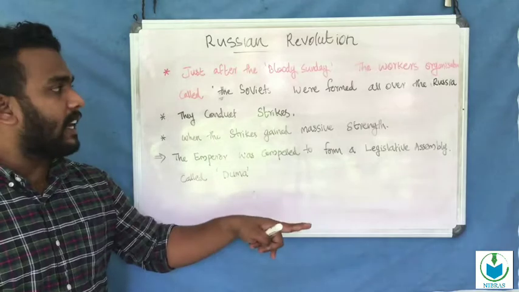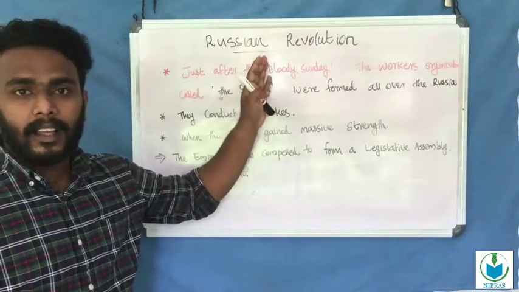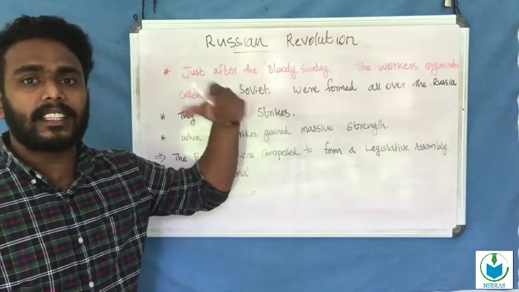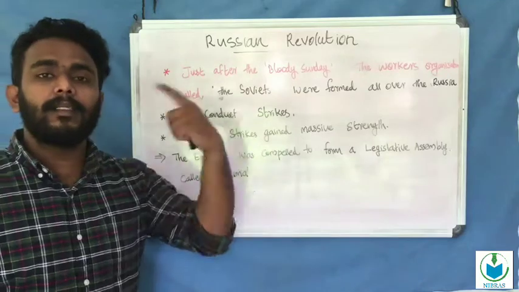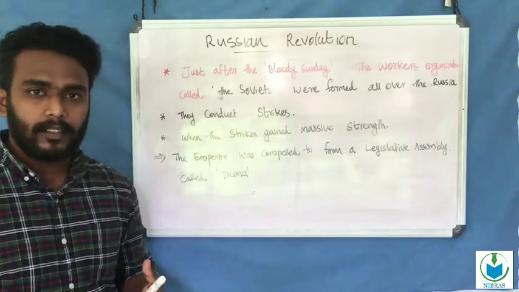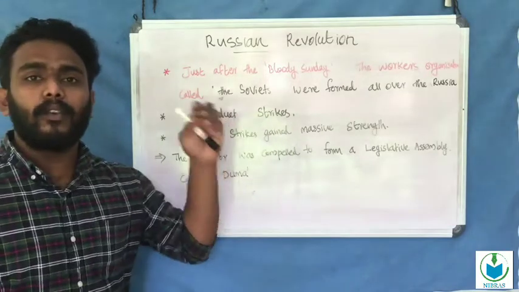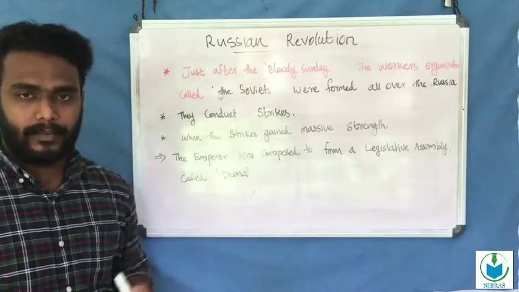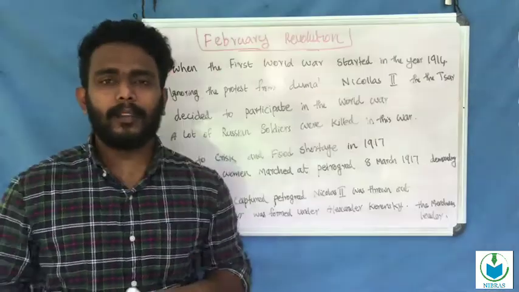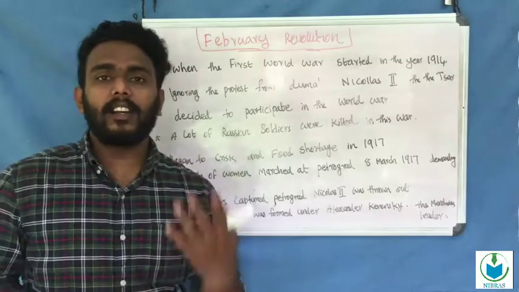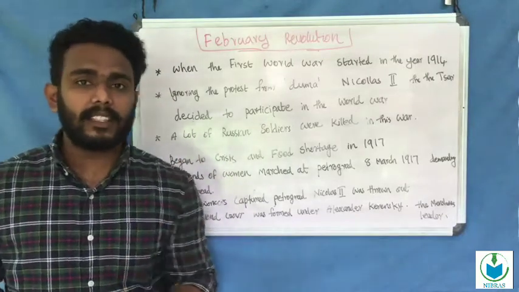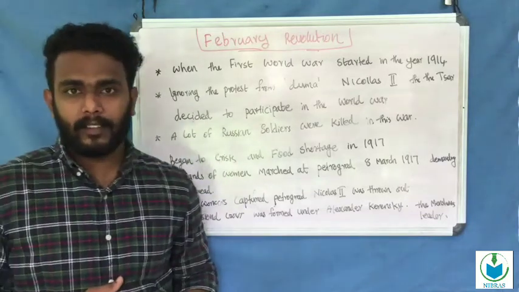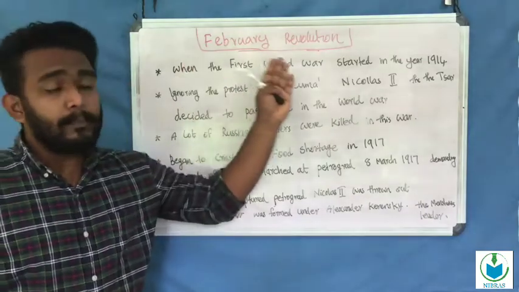The reason behind it is that after Bloody Sunday, the Soviets conducted strikes that grew to massive strength, so the emperor was compelled to form a legislative assembly, called the Duma. The next event was the February Revolution.